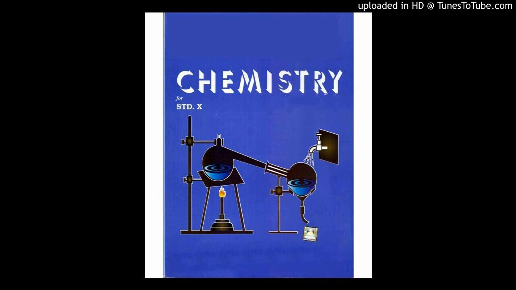So the fountain experiment, just see the figure. The figure which I sent in the PDF, just see the figure. What is the arrangement? A round bottom flask is kept in the inverted condition, and it is dipped in the red litmus solution. And from the side a dropper is kept in which water is there. And in the round bottom flask, in the bulb part, what is there? Ammonia gas is there.